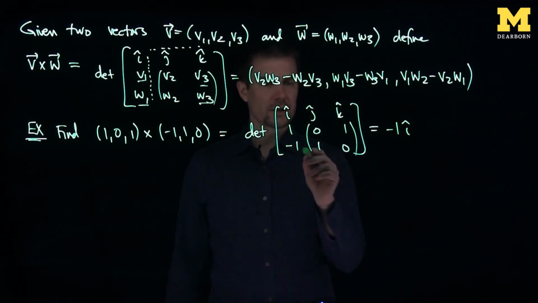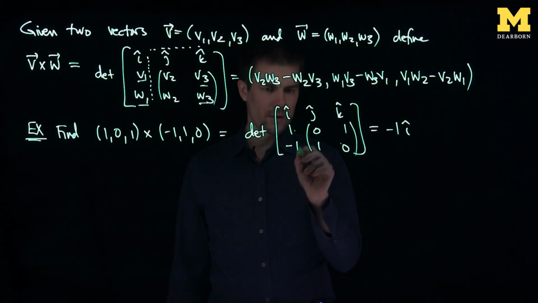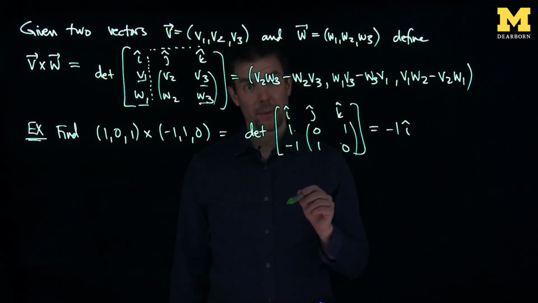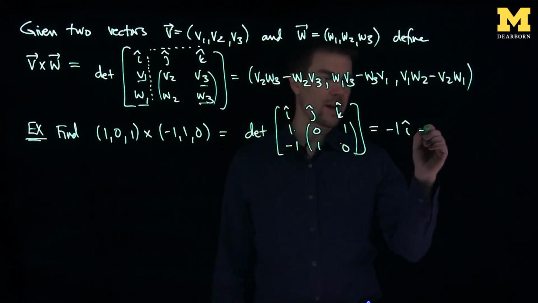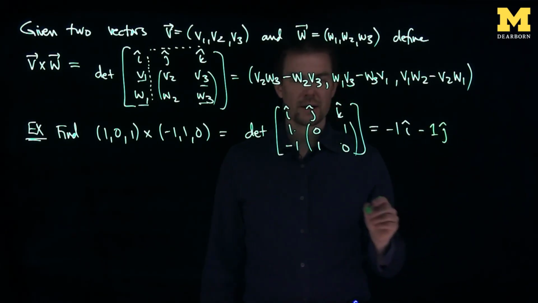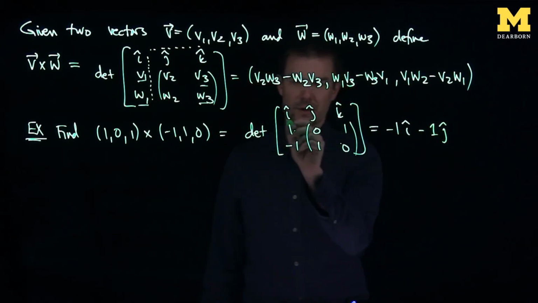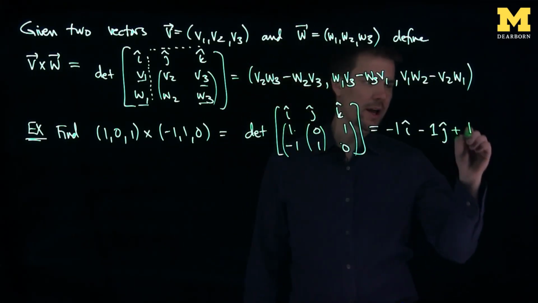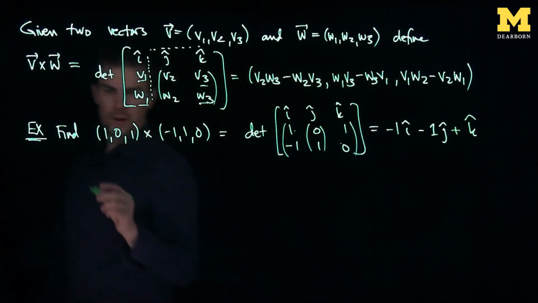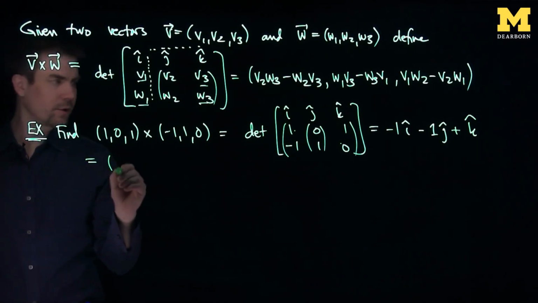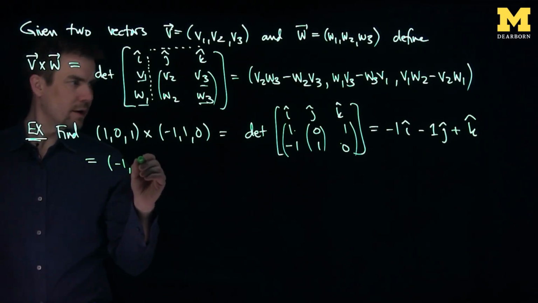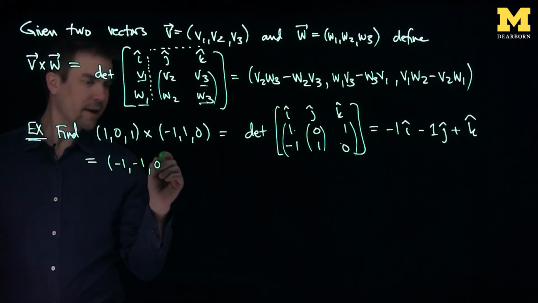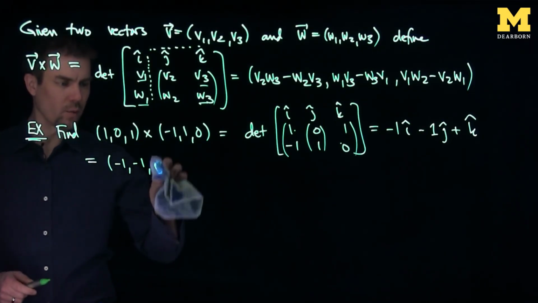For the j entry, we get 1 times 0, which is 0, minus negative 1 times 1, which is a positive 1, but the j entry is negative, so we get negative 1 j hat. The k hat entry will be the determinant of 1, 0, negative 1, 1, which gives 1 k hat. So the cross product is the vector negative 1, negative 1, 1.